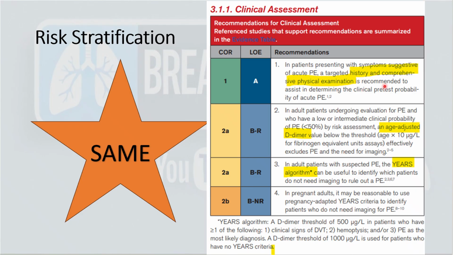So again, history and comprehensive physical examination has to be done. And of course, in patients who have low to intermediate clinical probability of PE, you have to check for age-adjusted D-dimer, that is age times 10.